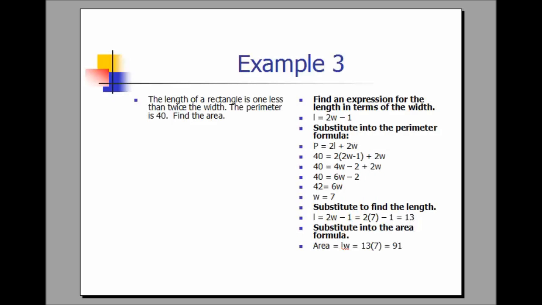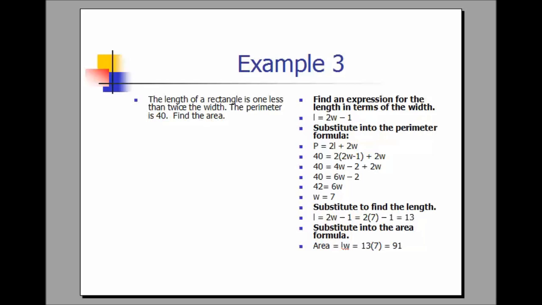and the area of the shaded region is 15 minus x squared. In example 3, the length of a rectangle is 1 less than twice the width. The perimeter is 40. Find the area. Your first step is to find an expression for the length in terms of the width. Because the length is 1 less than twice the width, this is like having twice the width and subtracting 1.